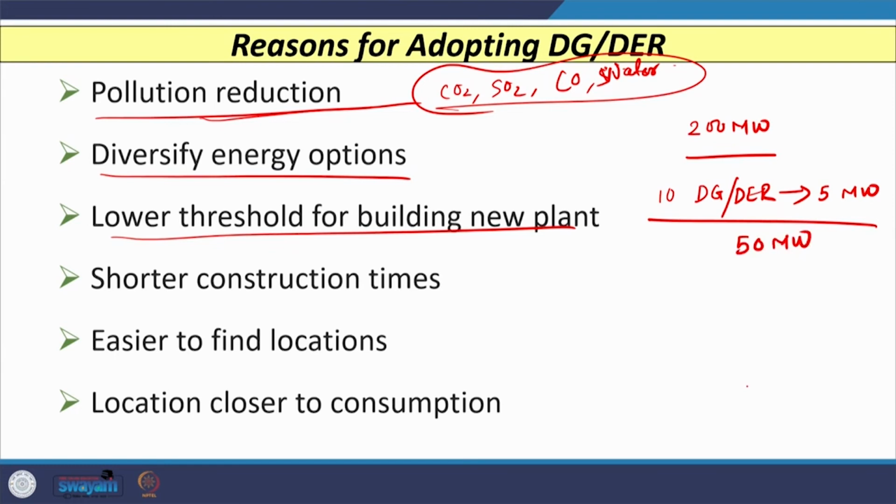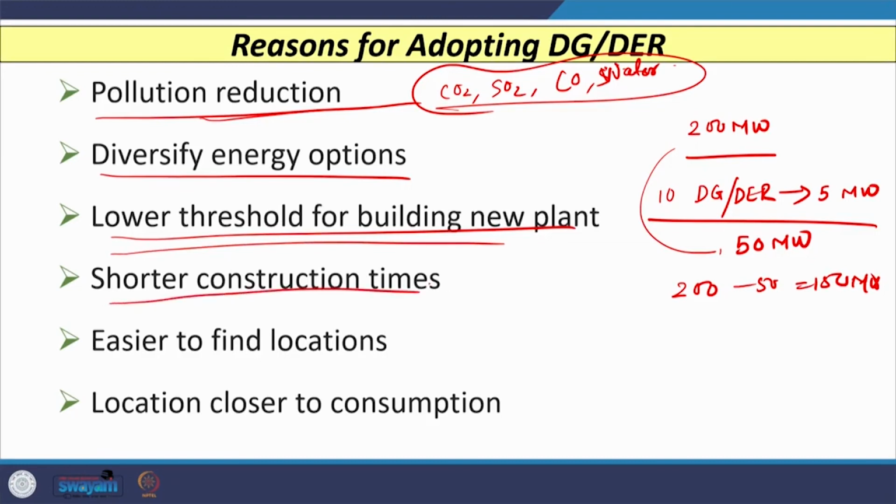So, now whenever I want to build a new power plant depending upon my load requirement, the capacity is not 200 megawatt, but 200 minus 50, that is 150 megawatt. So, this threshold of building a new power plant can be reduced.